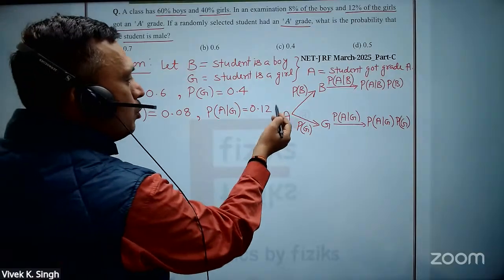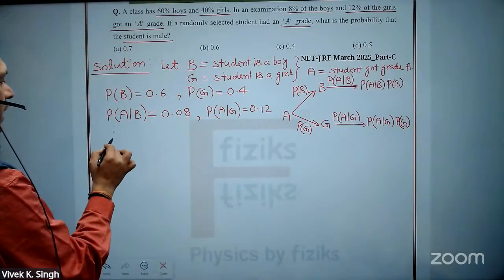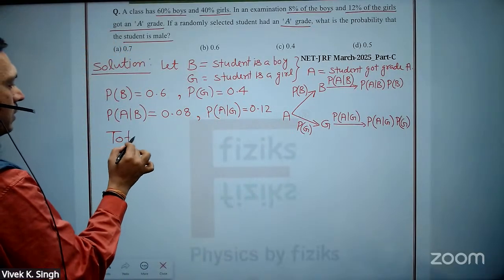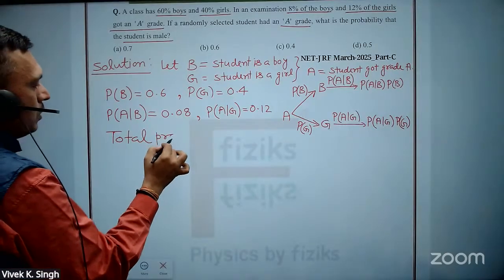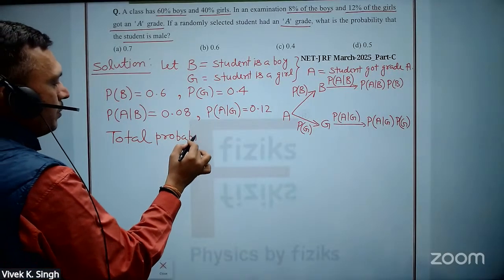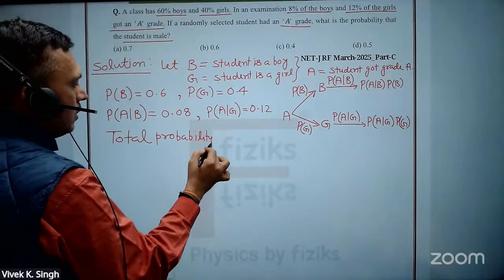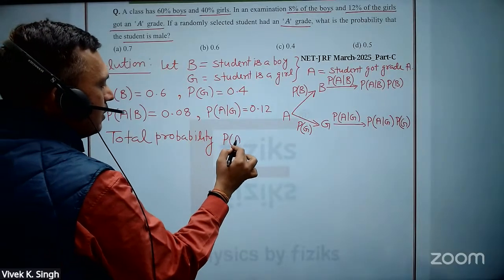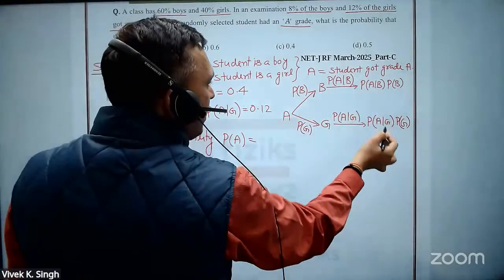So what will be the total probability of getting grade A? This is the total probability. P(A) is given by this plus this.